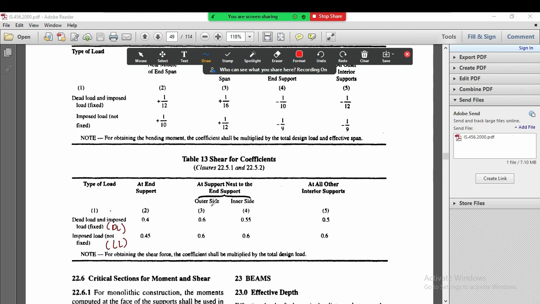The maximum value of the coefficient is 0.6. From this value, we will get the maximum shear force, and this will occur at the support next to the end support. This 0.6, 0.6.